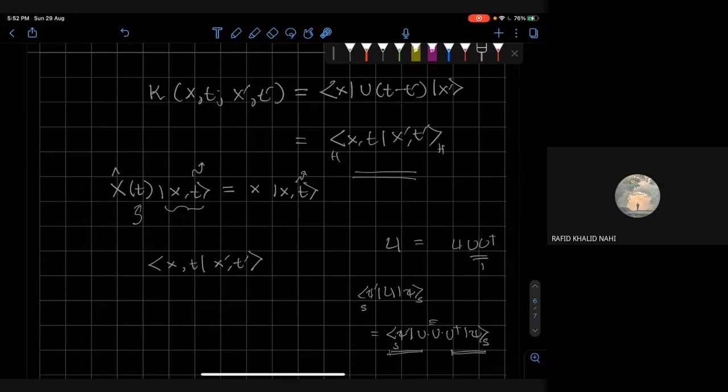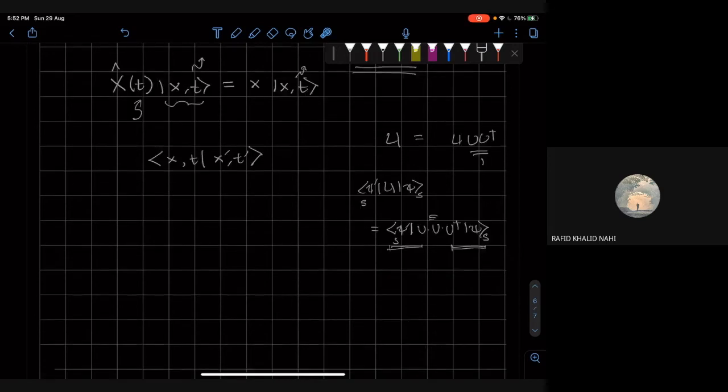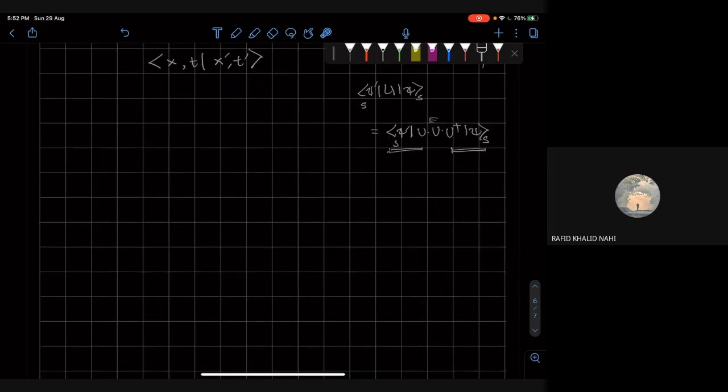Okay, I see. There's actually a formula for this. So the definition of K(x, t; x prime, t prime) is x U(t minus t prime) x prime, right?